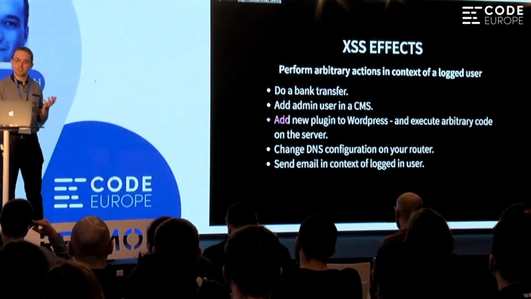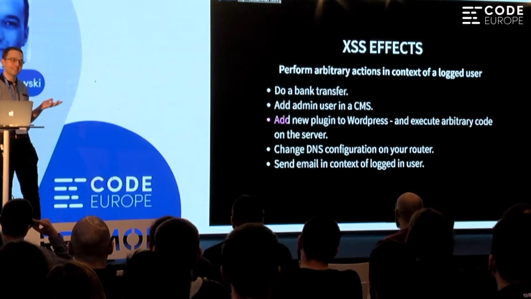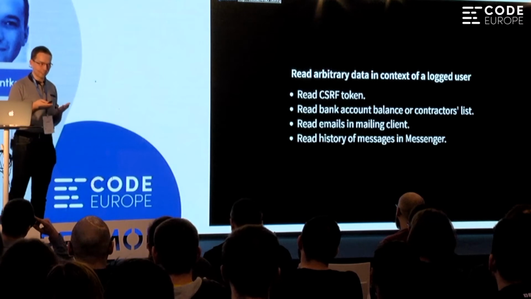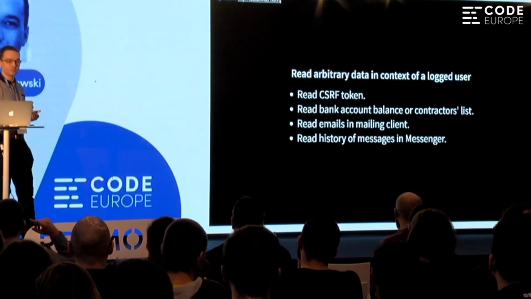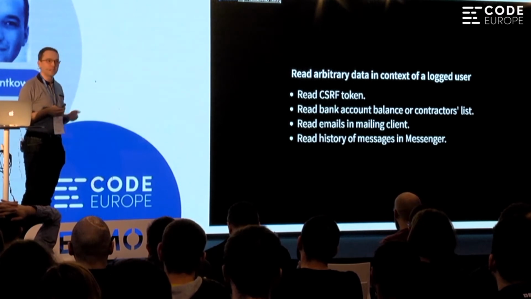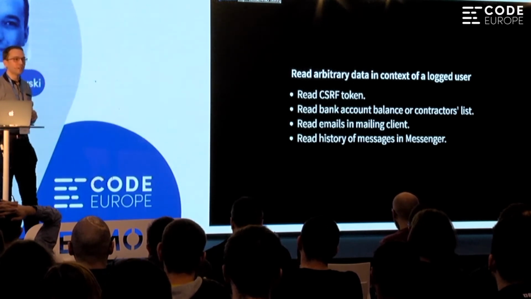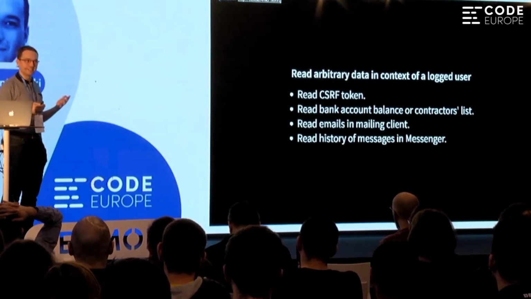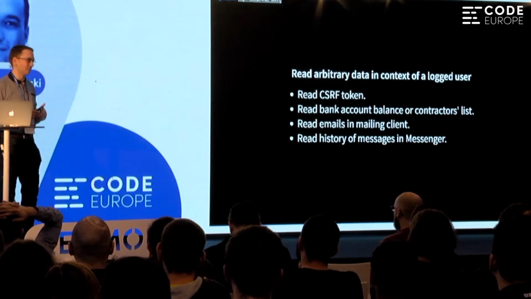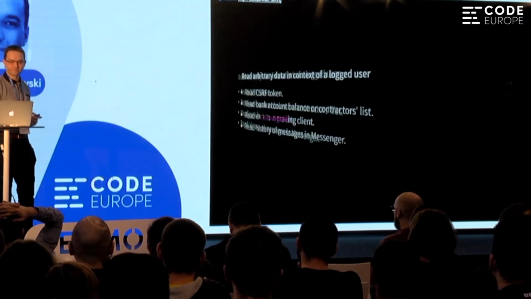You can change DNS configuration on your router if you have an XSS in there, etc., etc. Also, you can read arbitrary data in the context of a logged user. So for example, you can read CSRF tokens, you can read bank account balance or contractors lists. If you have an XSS in Gmail, you can read all the emails. If you have XSS in Facebook, you can read the whole Facebook Messenger history or the list of friends.